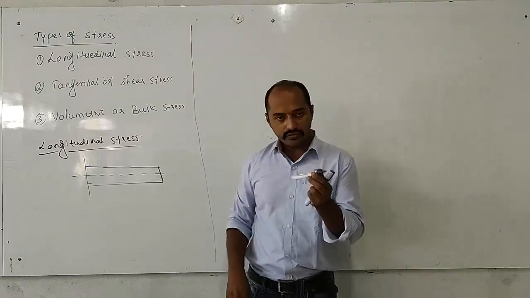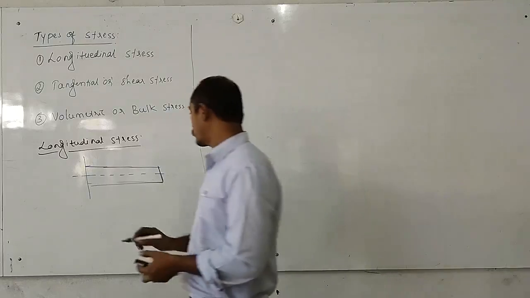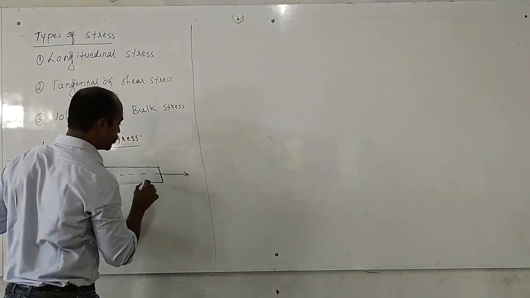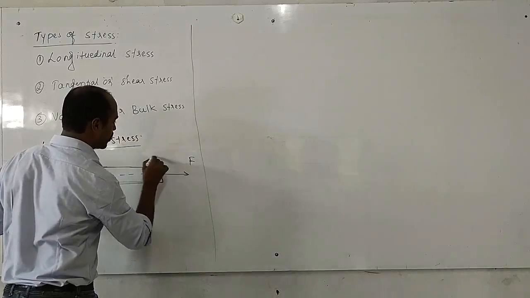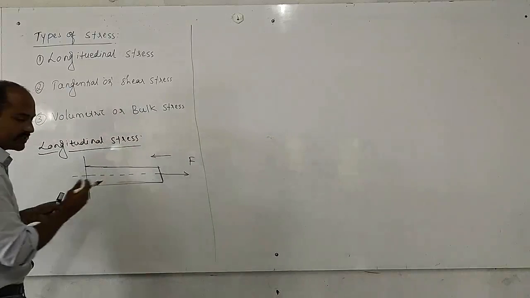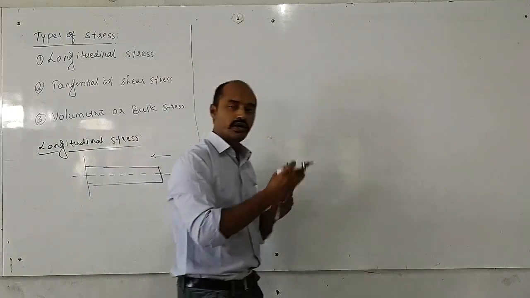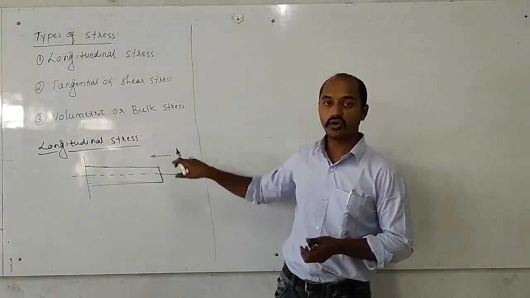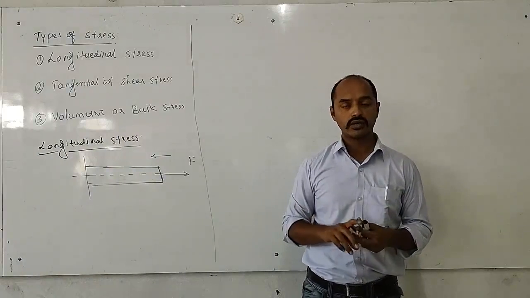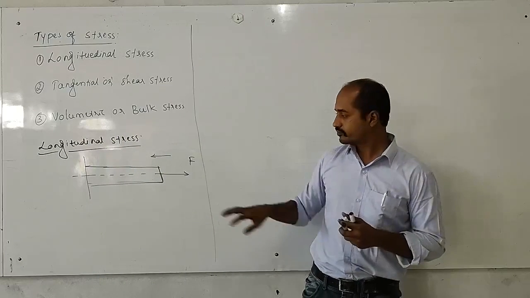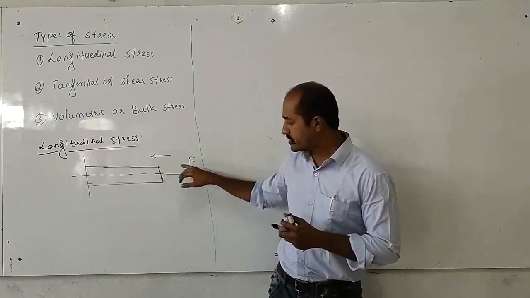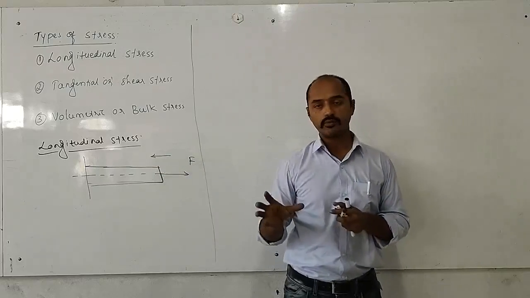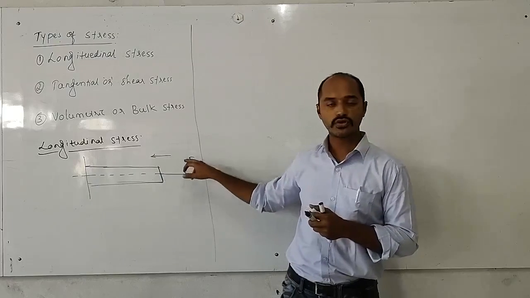So if the force is applied along the longitudinal axis, the force may be like this or may be like this. It may be parallel to the longitudinal axis or along the longitudinal axis. Then this force is called a longitudinal force, right? Longitudinal force. Then whatever the stress built up in the body due to these kinds of forces.